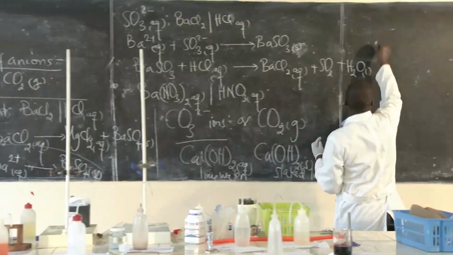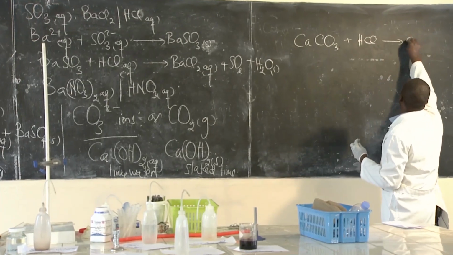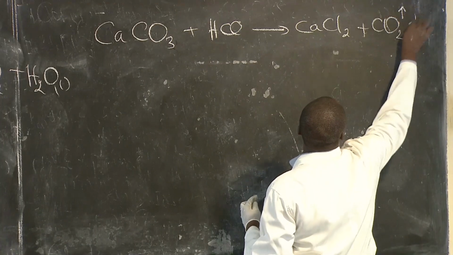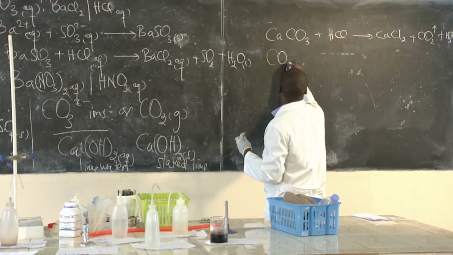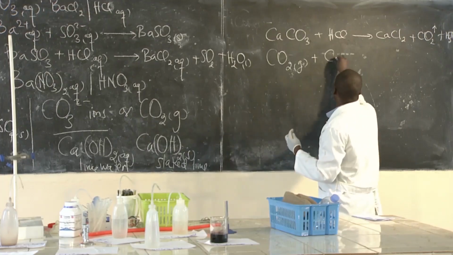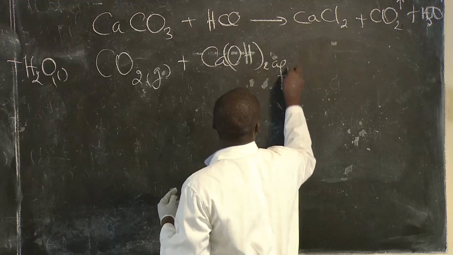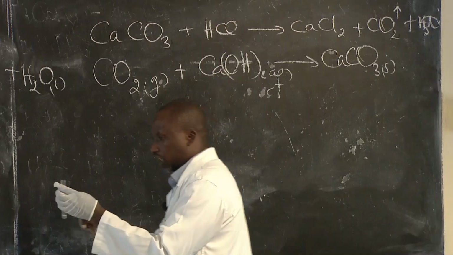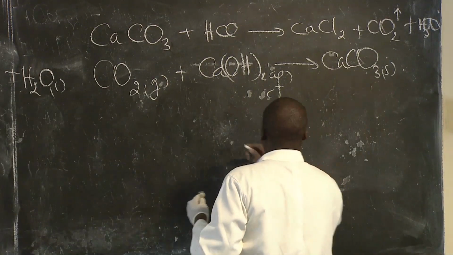So we have calcium carbonate reacting with HCl, and this produces calcium chloride plus carbon dioxide gas and water. The carbon dioxide gas was passed through the lime water, which is calcium hydroxide solution, and forms calcium carbonate. The white precipitate, that milky solution that was formed, is this calcium carbonate.